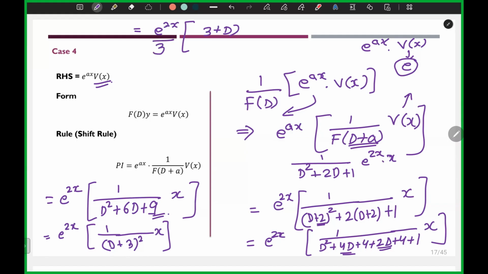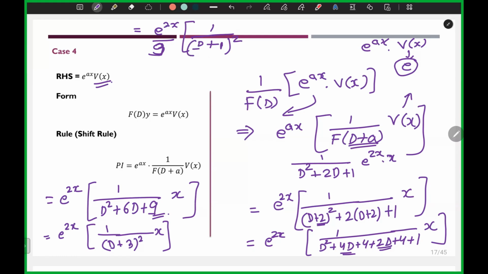So it becomes 1 upon 9 times (1 plus d by 3) whole square, and you have to use that formula again.